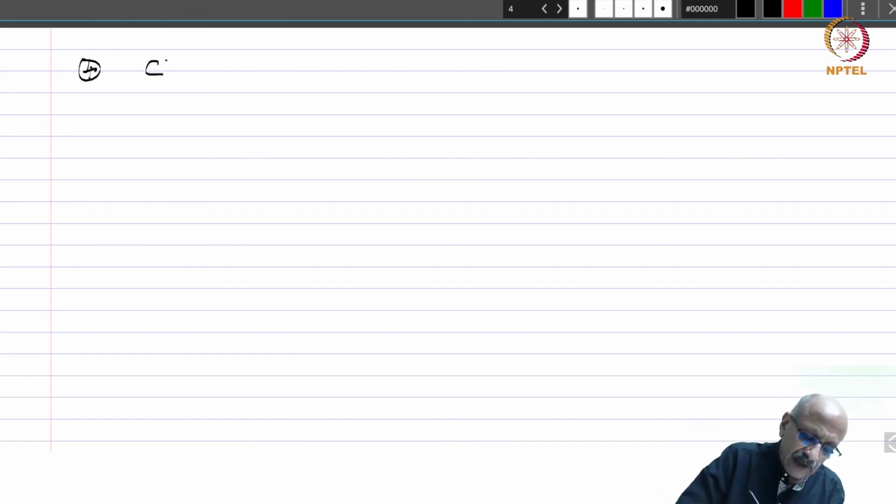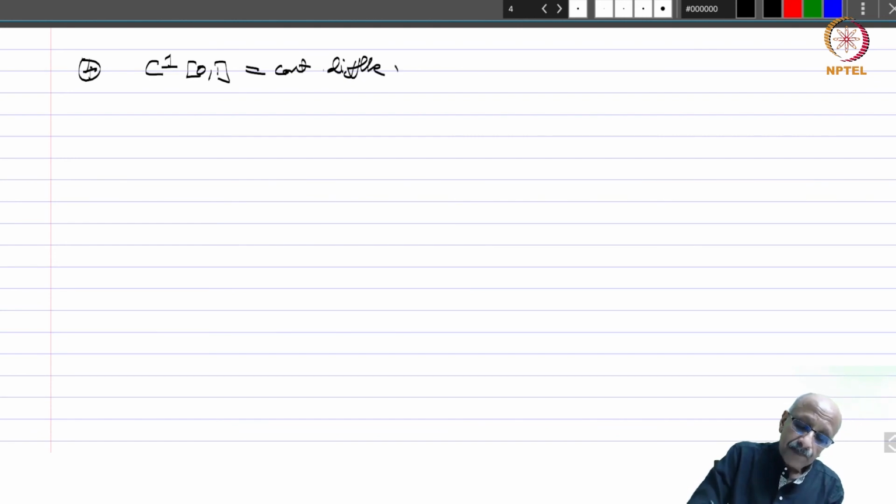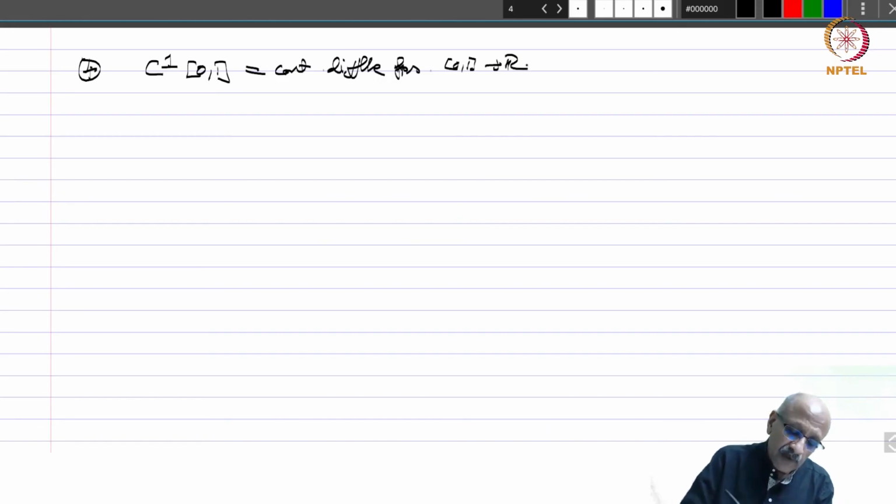So let me take C1[0,1], the continuously differentiable functions from [0,1] to R. We put the same norm, since this is a subspace of C[0,1].